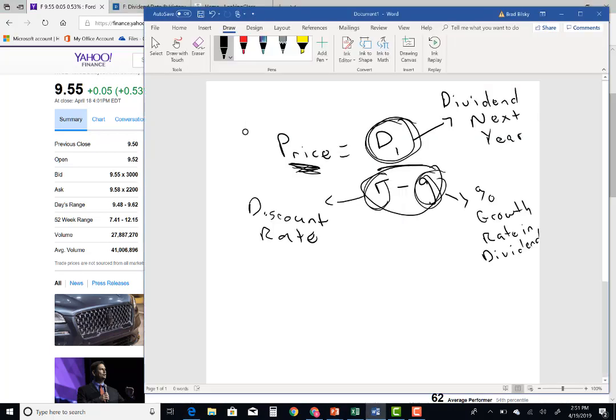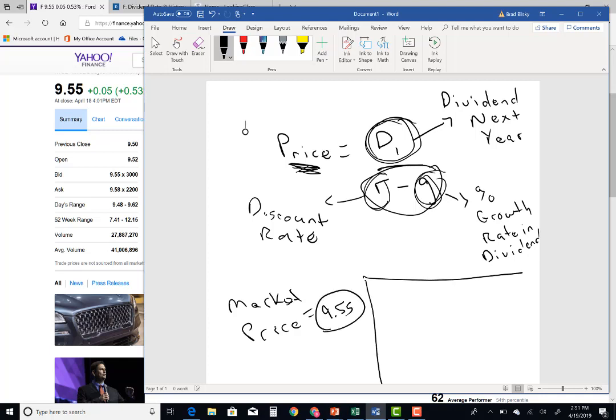So if I'm doing this analysis for Ford, the market price we see is $9.55. Our question is, based on the information we're going to look up, do we think Ford's share is actually worth more or less than $9.55? And that's going to affect our decision as to whether we want to buy that stock or not.